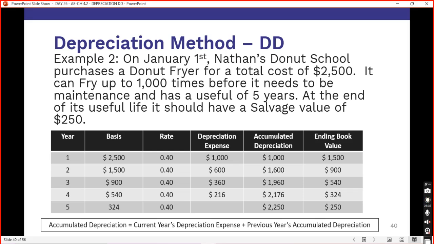So therefore, again, plug in what you know and solve for the missing component. So if we know that the accumulated depreciation for the current year, year 5, is 2,250, and we know that we're solving for the current year's depreciation expense, and we have the previous year's, which was 2,176, all you gotta do is plug and solve, and you are going to be depreciating it by $74.